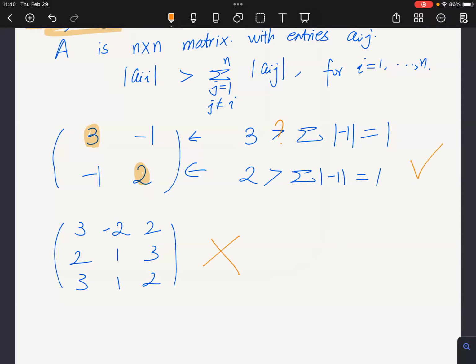And so you can see that it's easy to check row by row with the summations. And it's better than the positive definite definition, because this one is easy to check, but usually positive definite is the more general situation. So that's the two situations here.